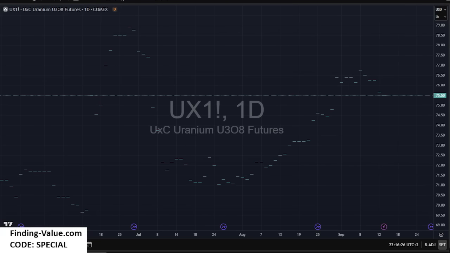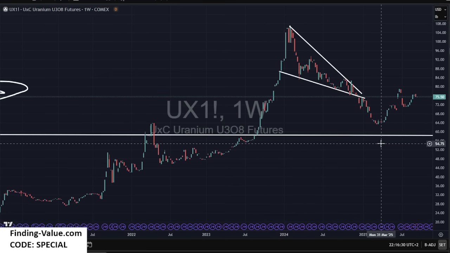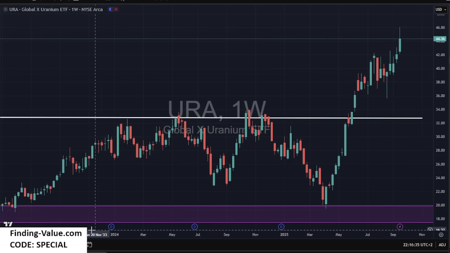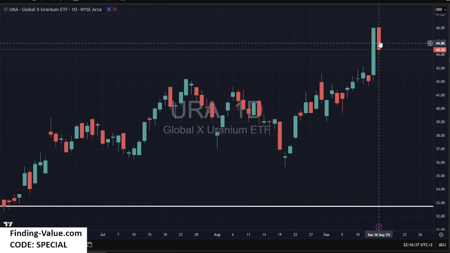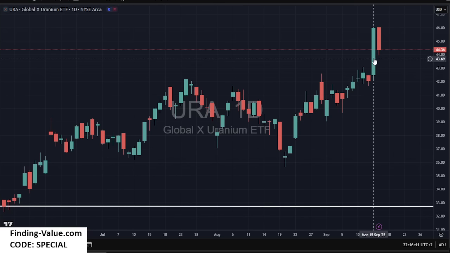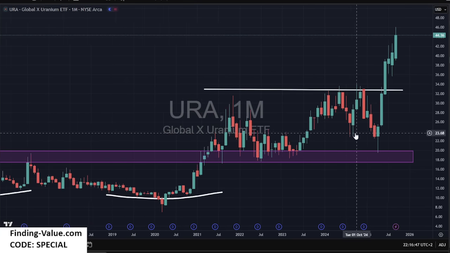Uranium futures pricing down a little bit. Still looks good. Nothing's broken. Nothing looks weird here. URA down 3.5%. Is this just a bigger bloody nose? It could be. That's all it could be. It could just be a profit-taking day, and then we launch up again. Now, when we back out, this thing looks ridiculously strong.